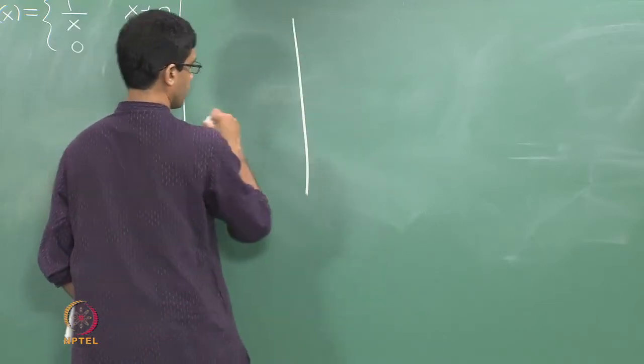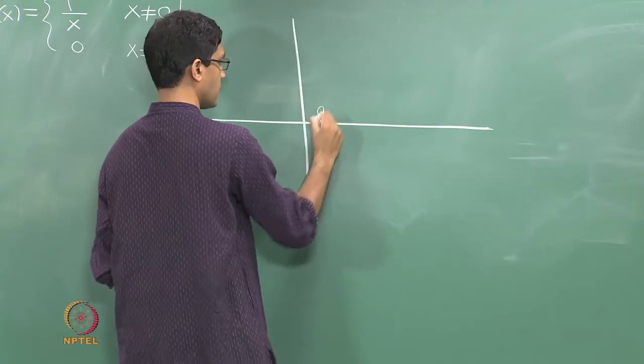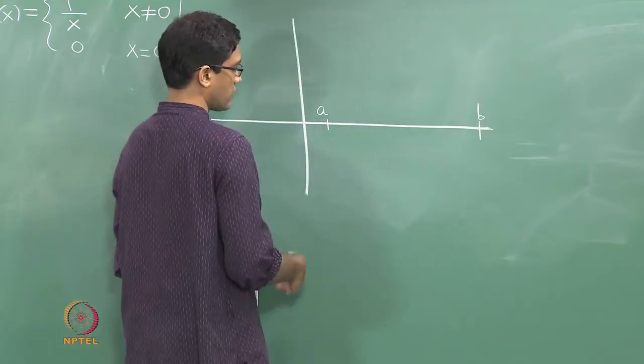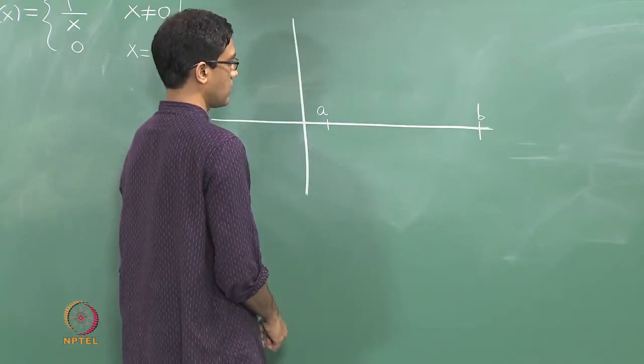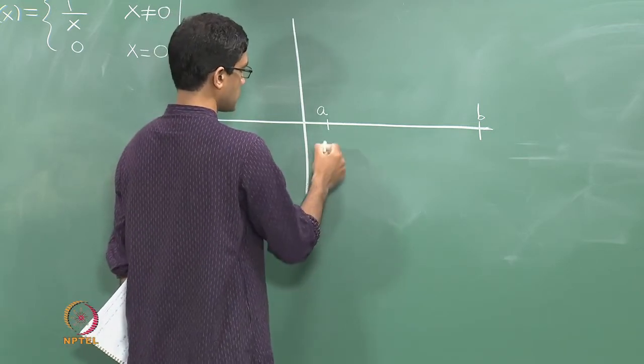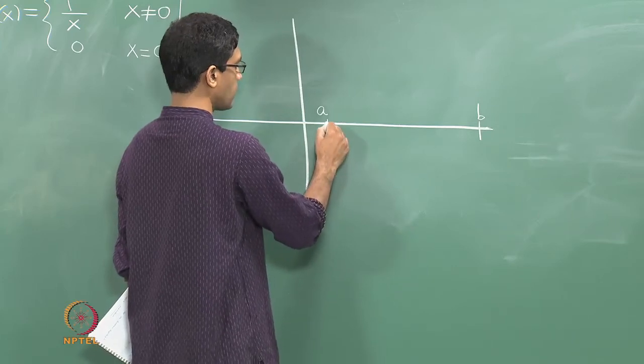So here's another way of stating this, without bringing in the maximum and minimum values. Suppose I have a graph of a continuous function and I want to see what it looks like between a and b.